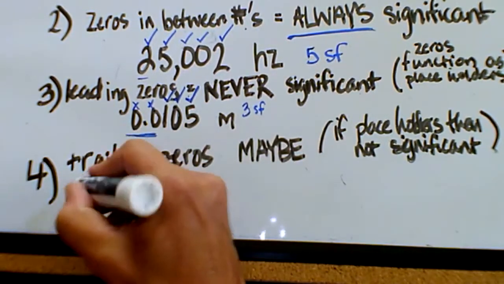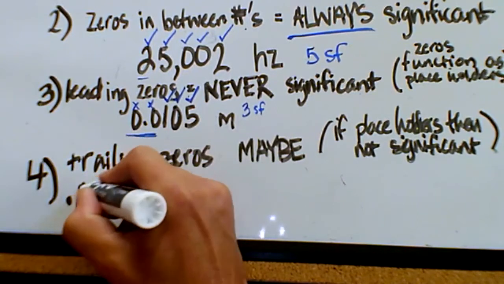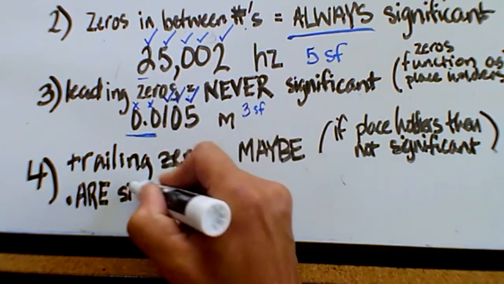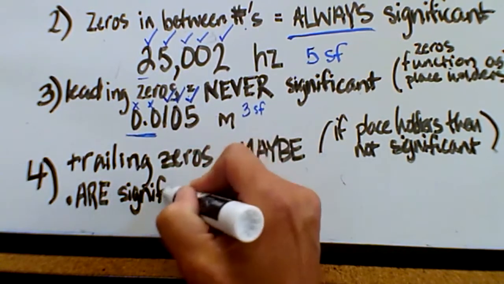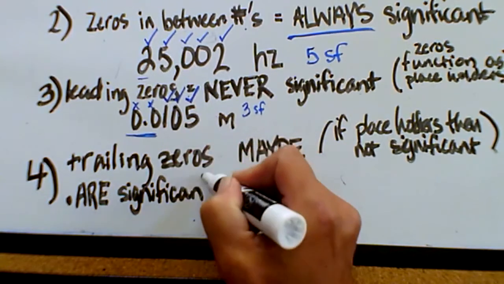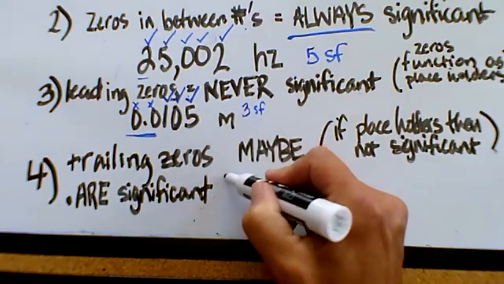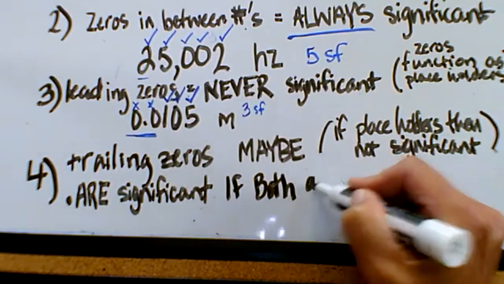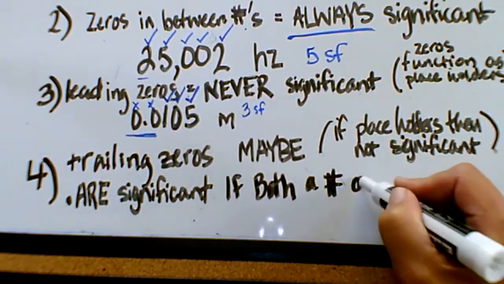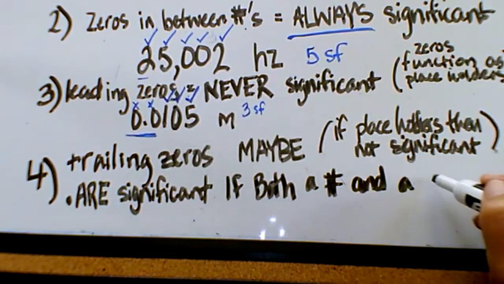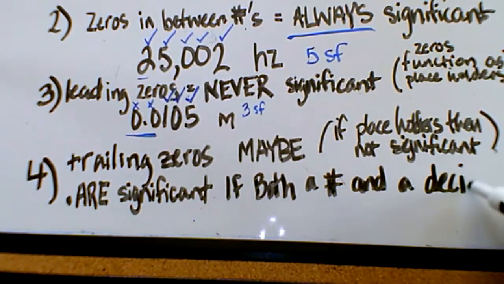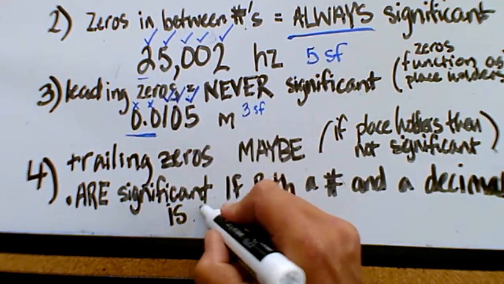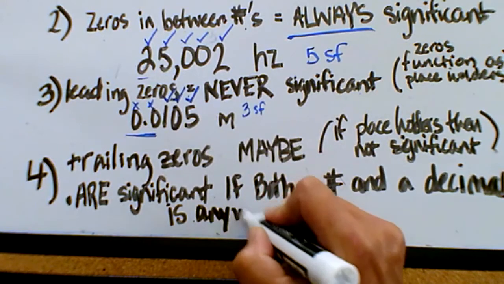So the answer is yes, those zeros are significant when they're at the end of numbers if both a number and a decimal is anywhere in front of them.